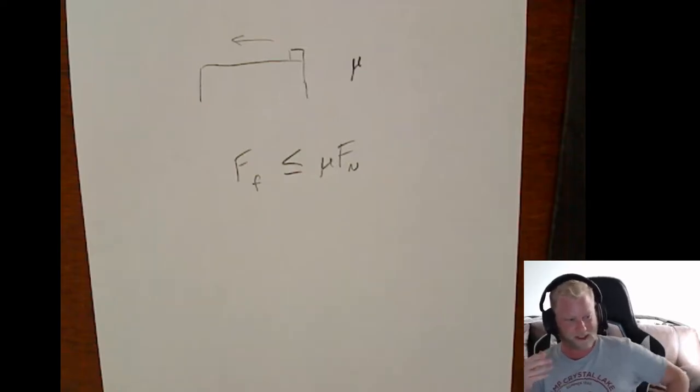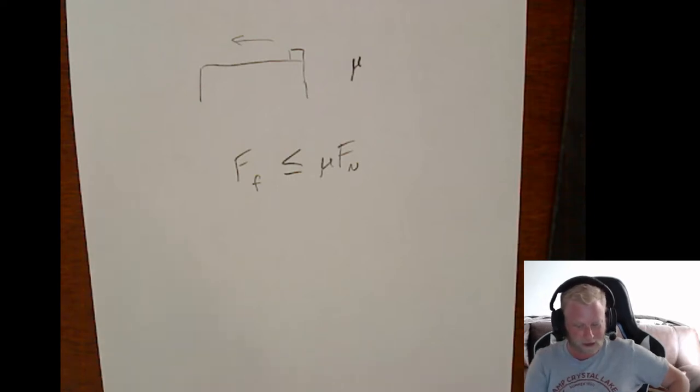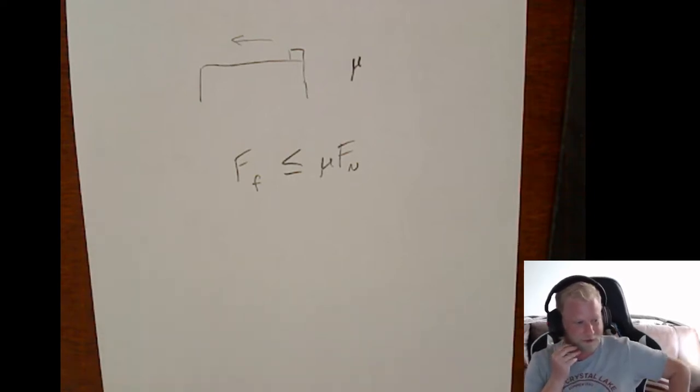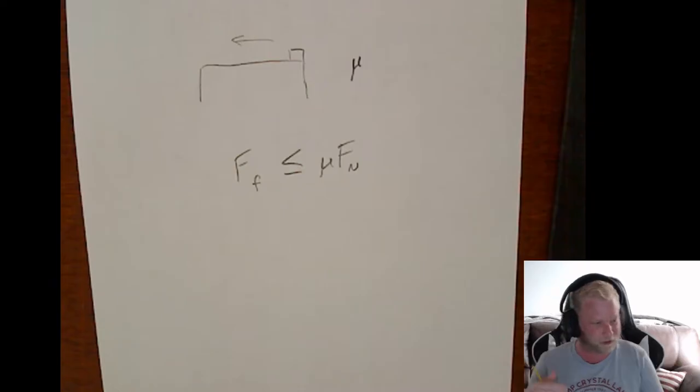Imagine for a second that you have a table in front of you and you push on it with 5 newtons worth of force, but the table doesn't move. Well, there's got to be a force opposing your 5 newtons worth of applied force. And that force is the static friction force. So the static friction force is pushing back against you with 5 newtons worth of force.